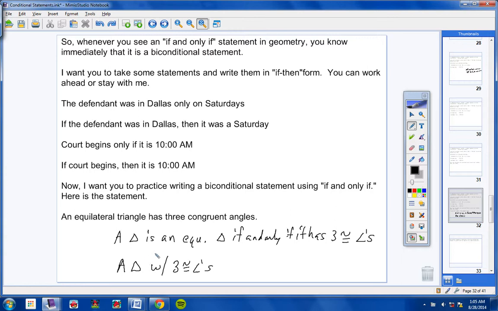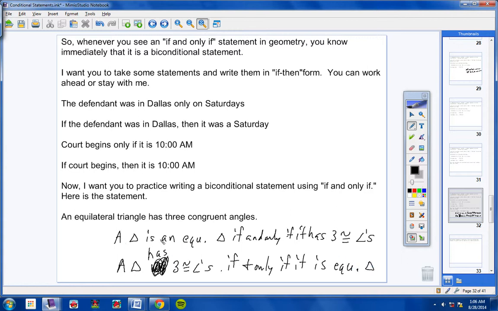A triangle has three congruent angles if and only if it is an equilateral triangle. Sorry about the dead time there, okay?